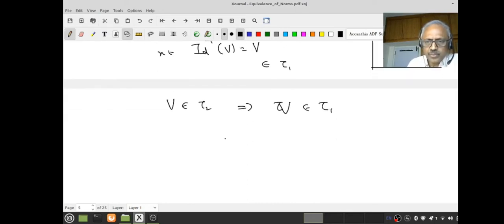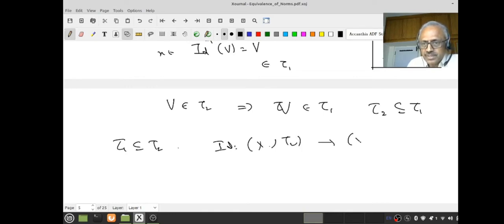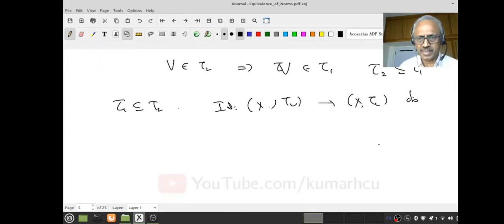Now how do I prove the other way around? Therefore that shows tau 2 is contained in tau 1. How do I show tau 1 is contained in tau 2? You look at the identity map from (X, tau 2) to (X, tau 1). Use the continuity, or interchange tau 1 and tau 2. So pause, review, proceed.